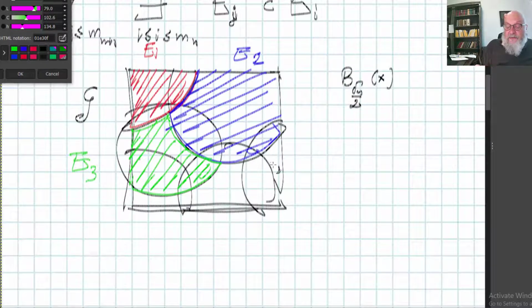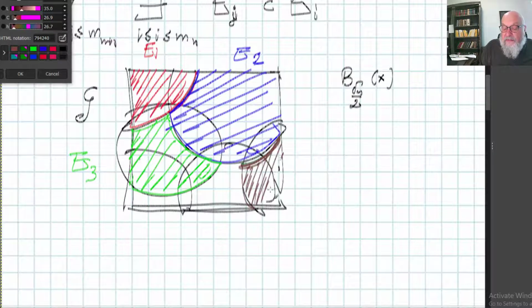And then you have the other one, so let's say we take another one, this one, for example, or you have another one, and this will be E4.